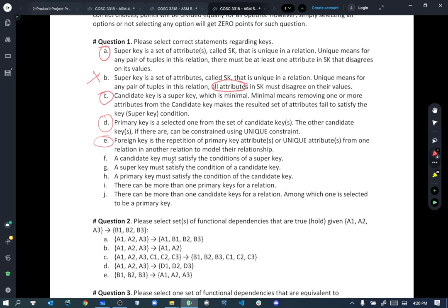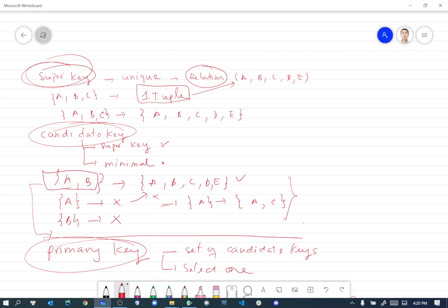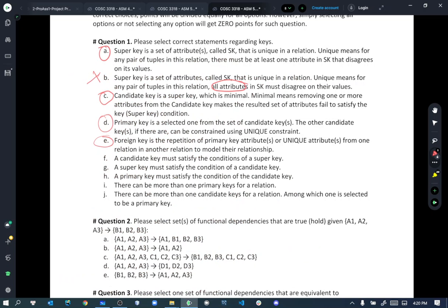So a candidate key must satisfy the condition of a super key. Yes, because by definition, a candidate key is a super key first, and it adds more constraint.